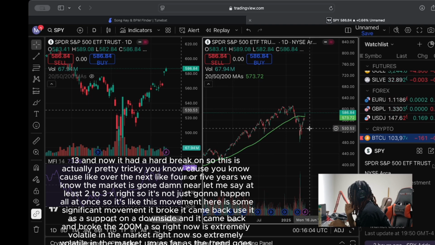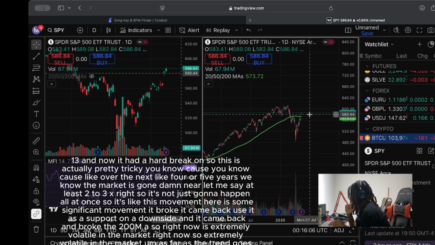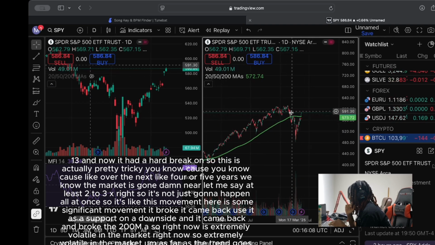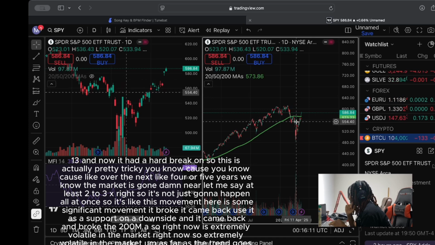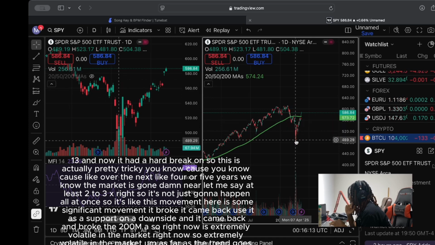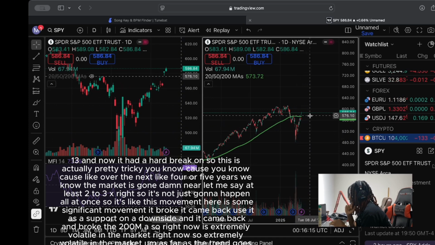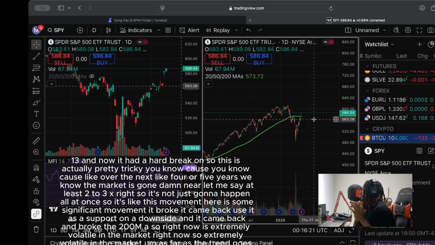This movement here is some significant movement. It broke it, came back, and used it as a support on the downside, and it came back and broke the 200 MA. So right now is extremely volatile in the market.